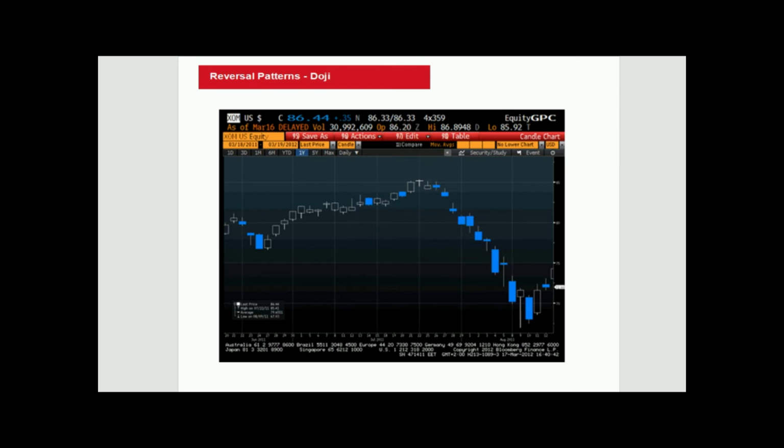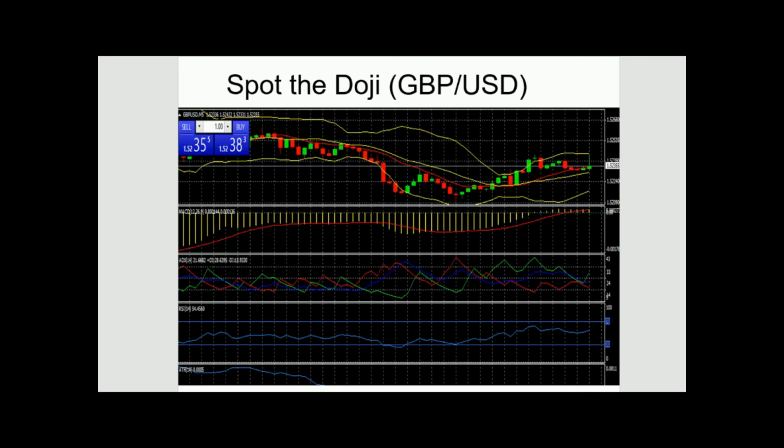Okay, spot the doji again for the GBP USD. So this is a currency pair, right? Where's the doji? There's the doji. The doji is a green candle. Usually this is what I use in my forex trading.